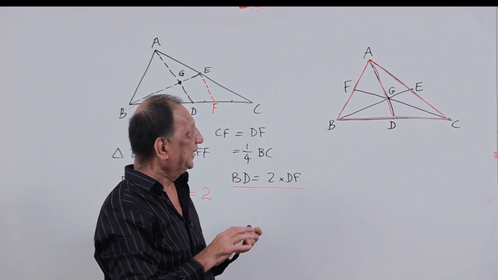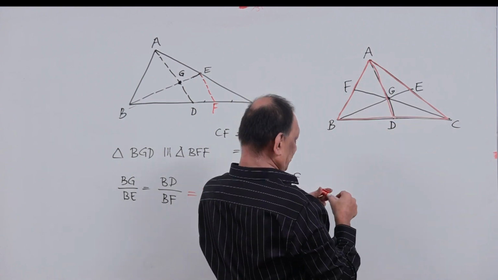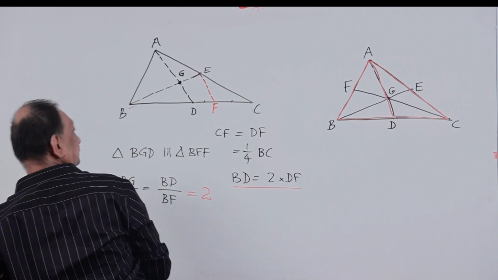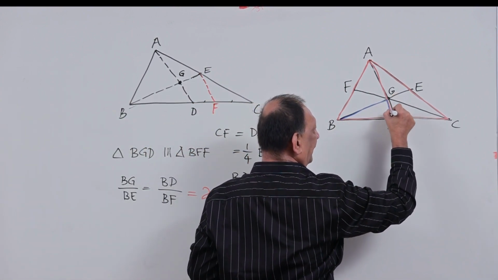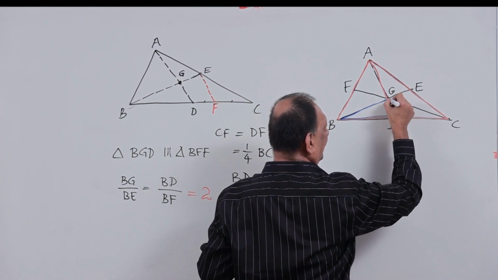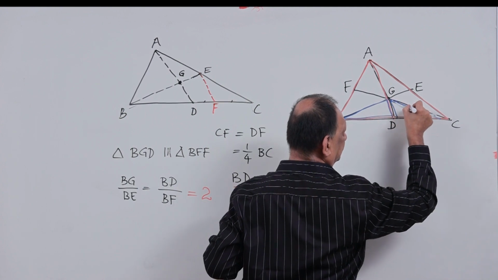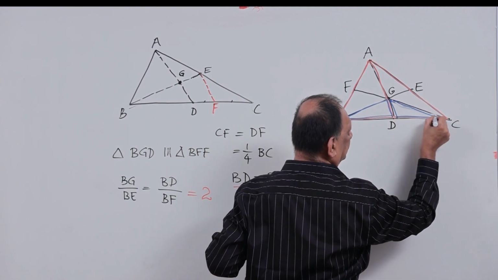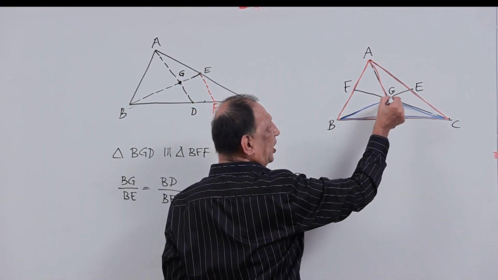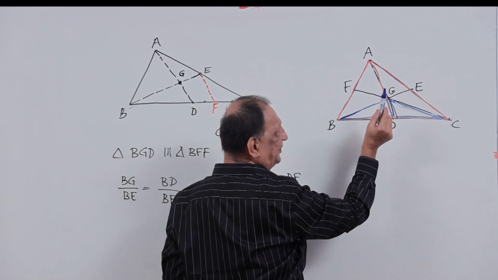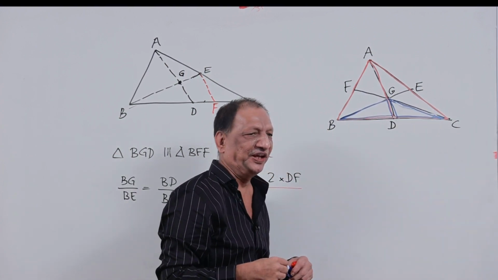No questions on that. In these two triangles, big triangles, I will take a sub-triangle which is from point G. Same logic. I got the two bases which are equal and a common vertex, which means height is the same. So these two triangles GBD and GDC are of the same area.